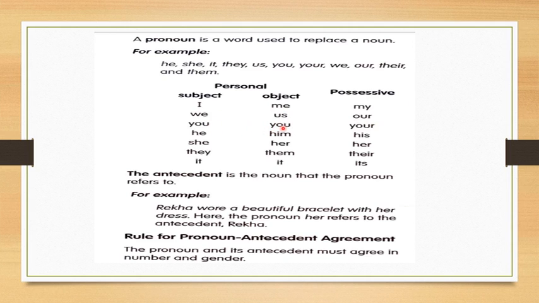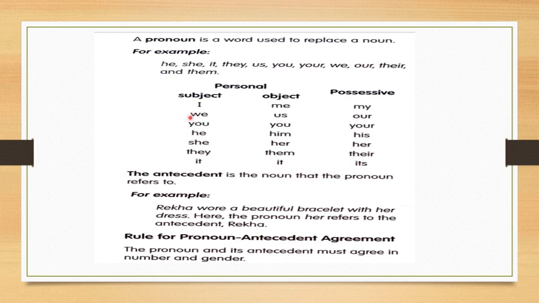You remains the same, you, but in case of possessive it becomes your. He, him, his. It shows ownership. His book. Who is the owner? He. So, his book. She, her, her. They, them, their. It, its.